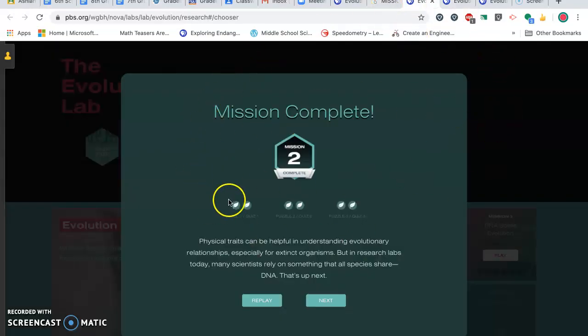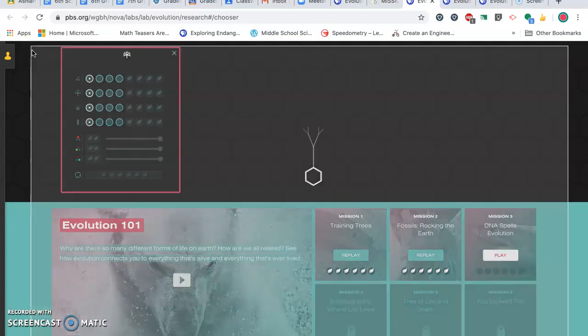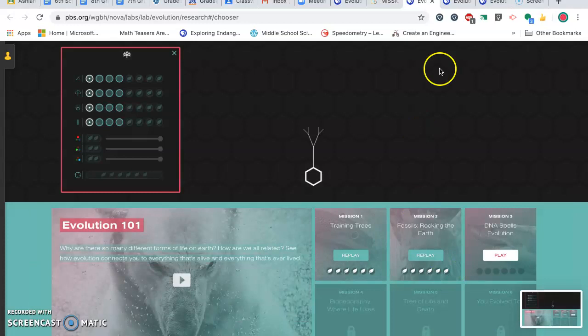This, the mission 2 complete, or if you go to your main screen, I want this main screen where I can see. So I would just take a screenshot of this. All right, and then I would come in and upload that picture because I can see right here that you completed the missions because you have your leaves. All right, so that's what I need for you to show me that you completed it.